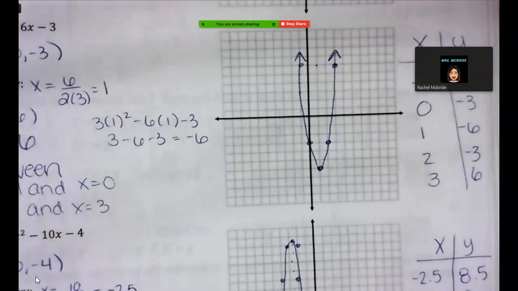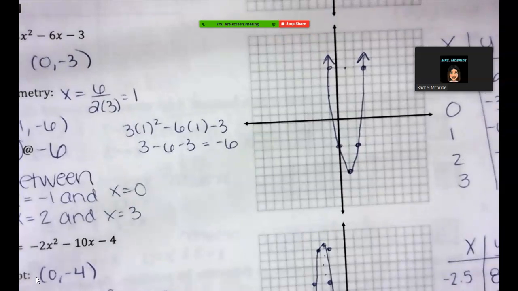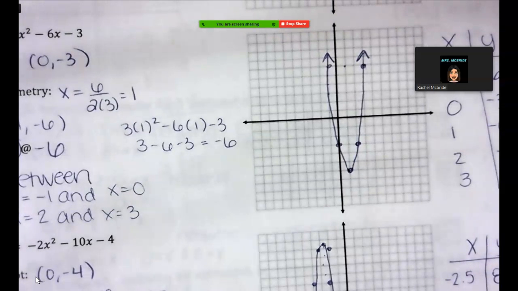Your y-intercept is at 0, -3. Your axis of symmetry is at 1. Your vertex is at 1, -6. You have a min at -6.